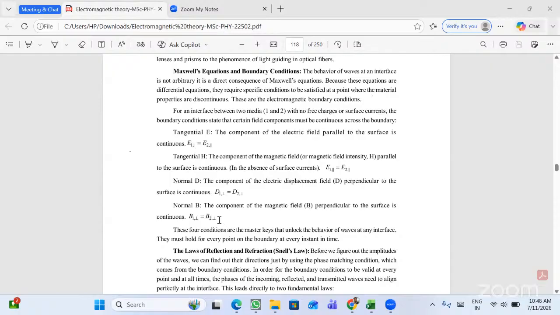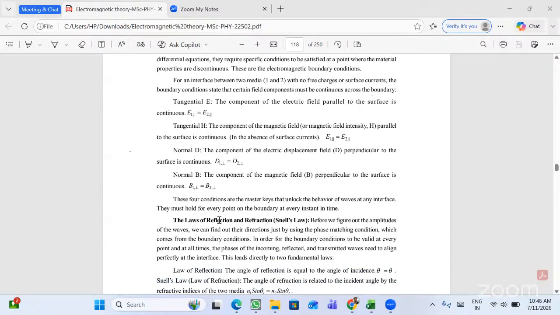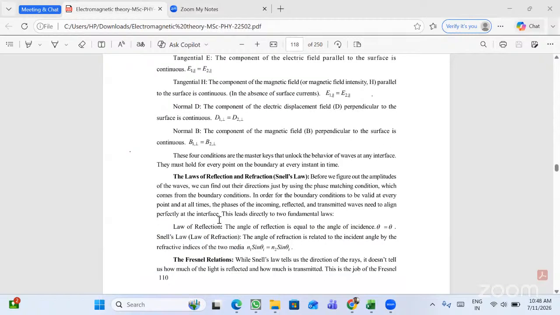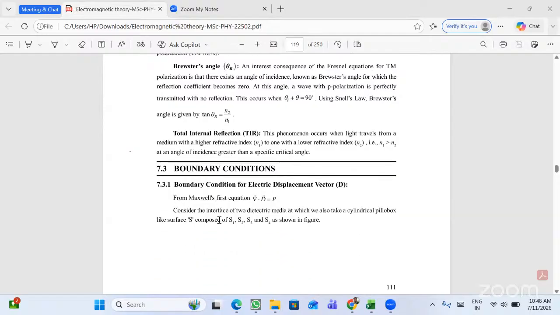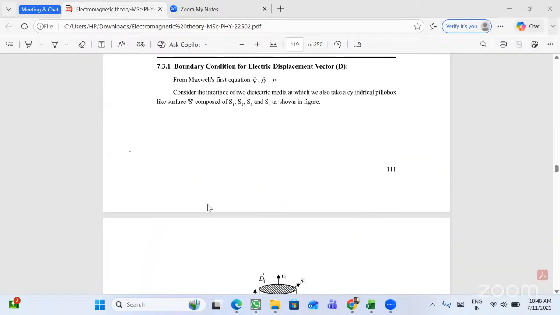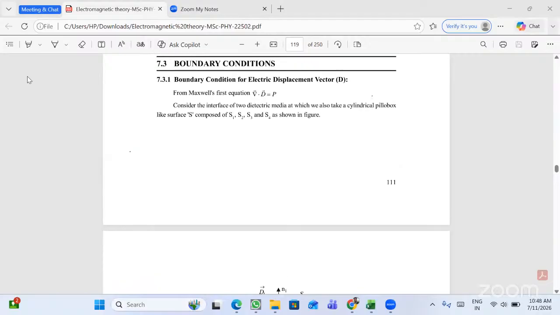Generally we also call normal perpendicular. We will derive the boundary conditions using Maxwell's equations. First, the boundary condition for the electric displacement vector.